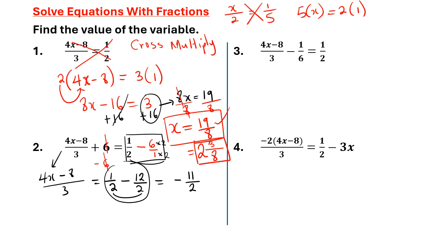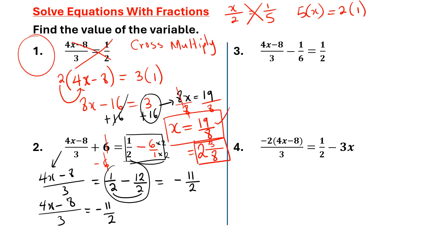All right, so I have now 4x minus 8 over 3 is equal to -11 over 2. So the next thing I will do here is to now cross multiply like we did in the beginning when we had problem number 1. We had to cross multiply because we had a proportion.